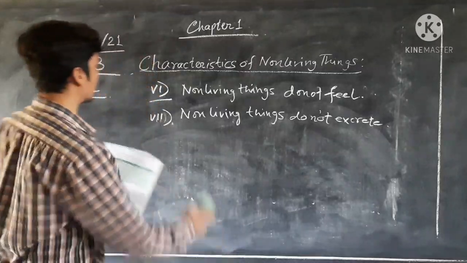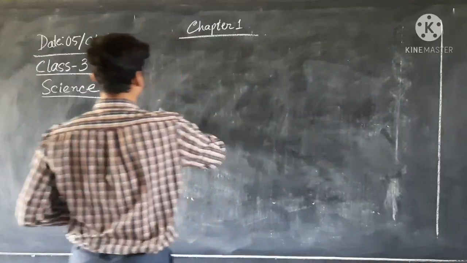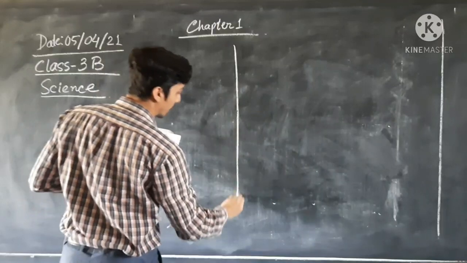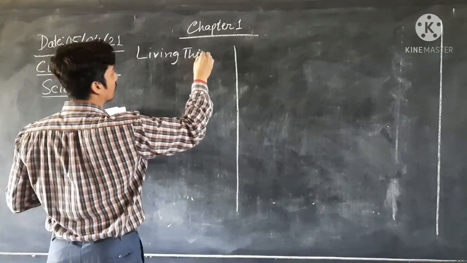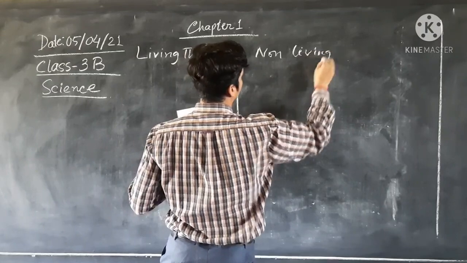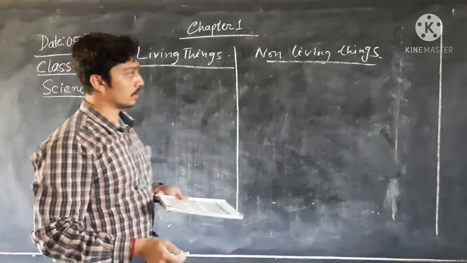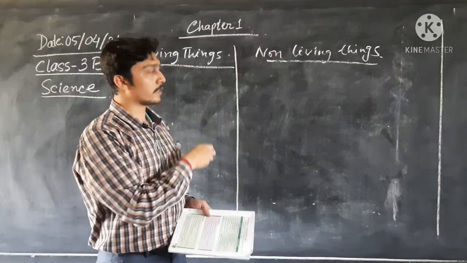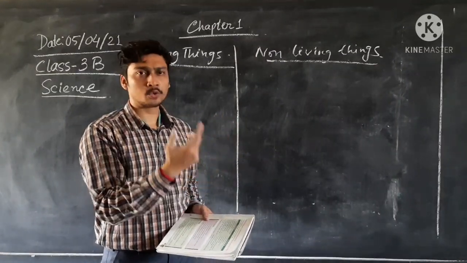Now we'll discuss the difference between living things and non-living things. The question will come: write down the difference between living things and non-living things, and the marks will be 3 or 2 marks.